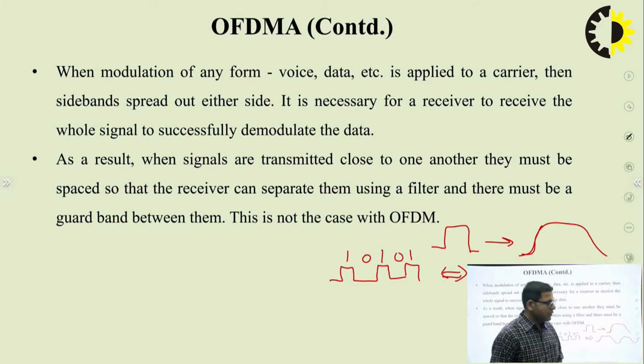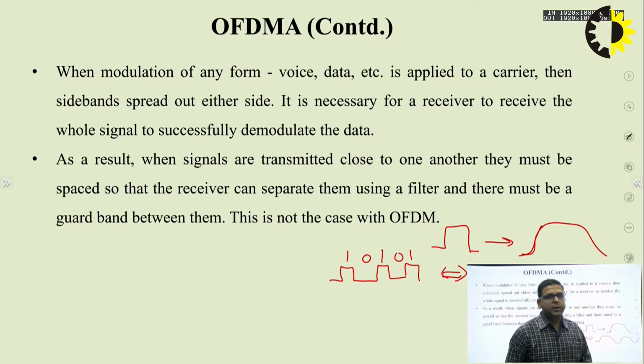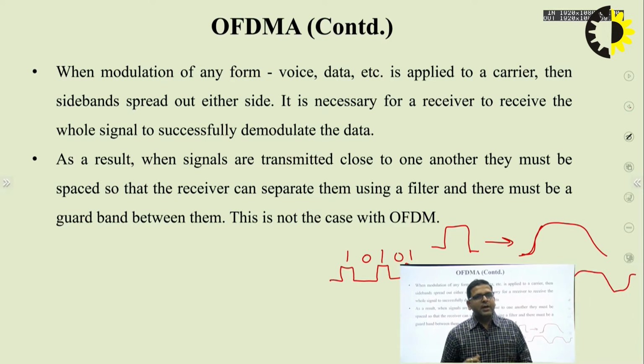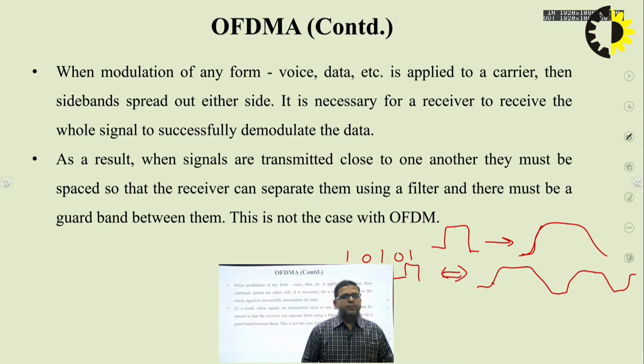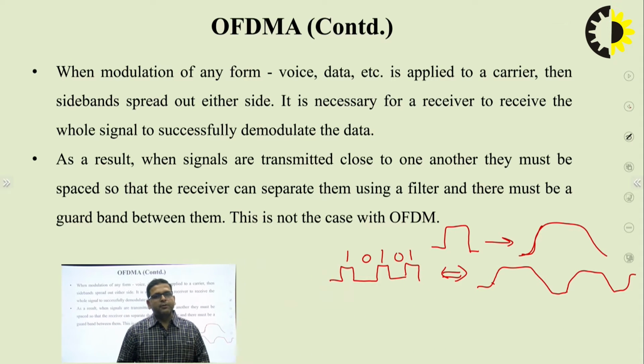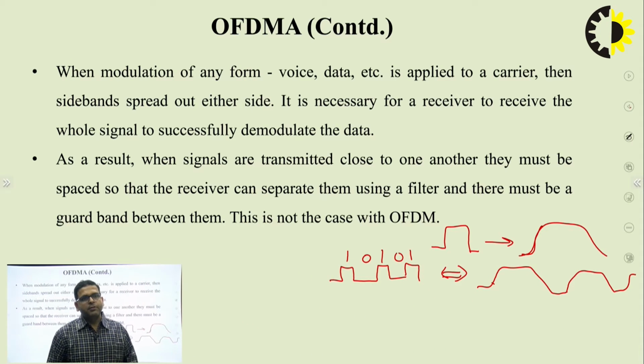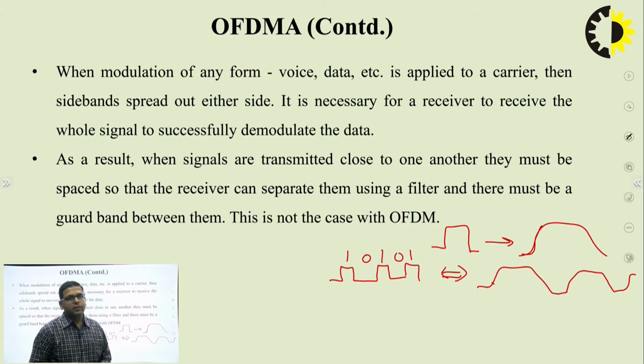Also, complete demodulation of the transmitted data sequence is needed. So, in such kind of transmission, we will get inter-symbol interference and we will receive a wrongly detected bit sequence.